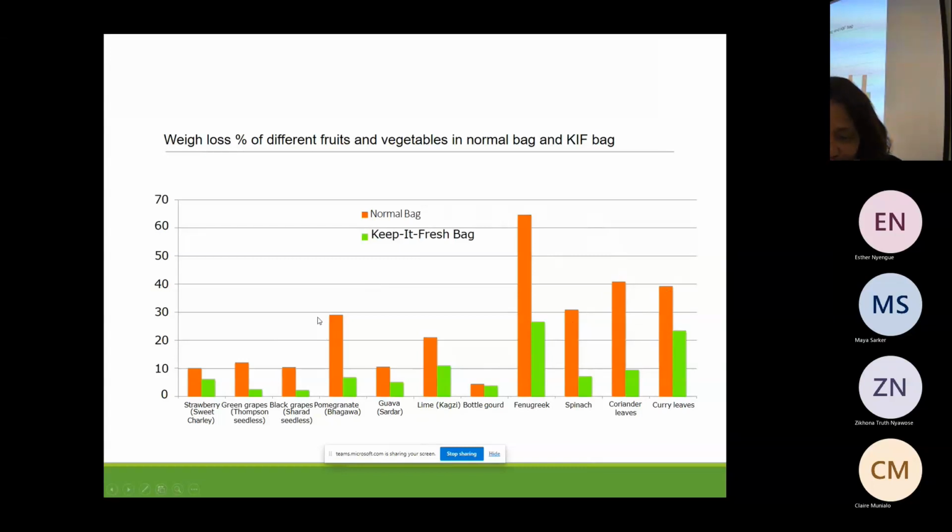And then the pomegranates, they lost about 30% of their weight. Then the guava, about 10%. So the ones that were in Keep It Fresh had a lower weight loss, which means that they maintained their freshness and their moisture inside when they were looking at the application of the technology.